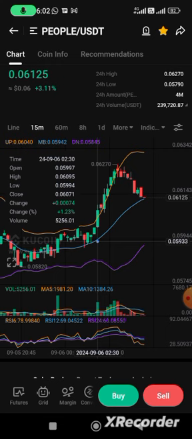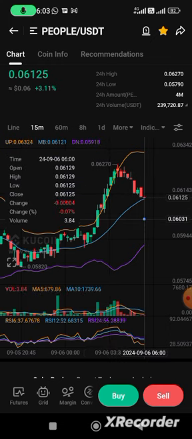Now, if it gets to this support level, 6076 or 6059, there is bound to be that it will fall to this place and start rising again.